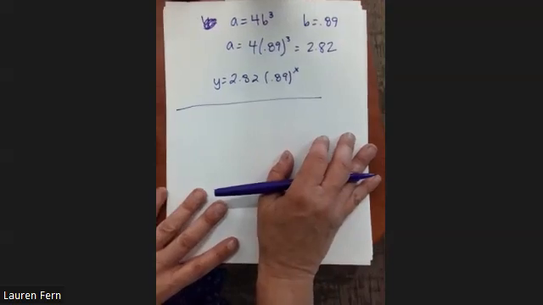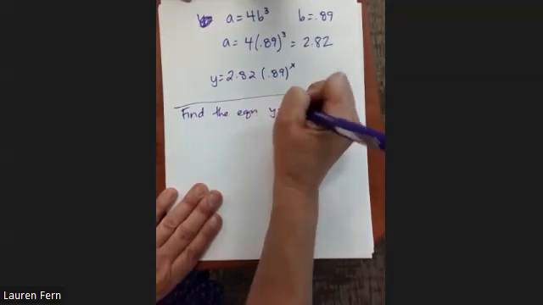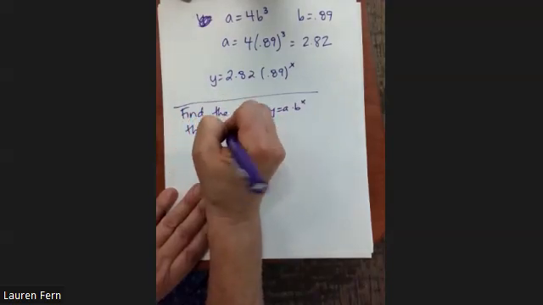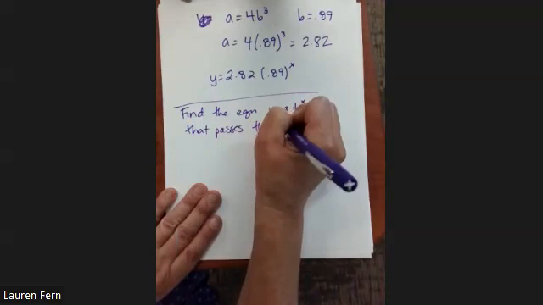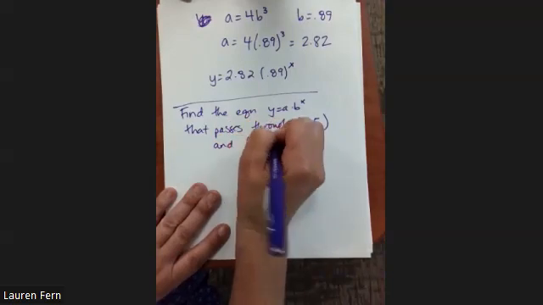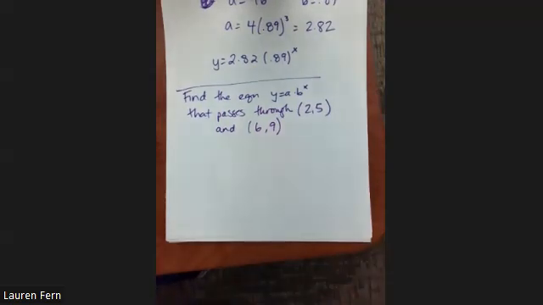Now, what I want us to do is find the equation y equals a times b to the x, in other words, of the exponential function that passes through the ordered pairs. How about 2, 5 and 6, 9? All right.